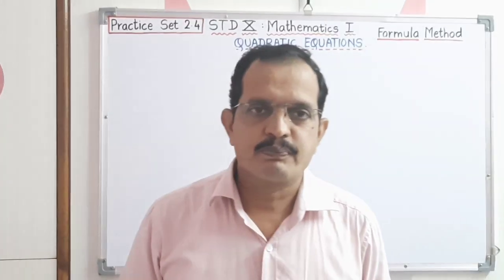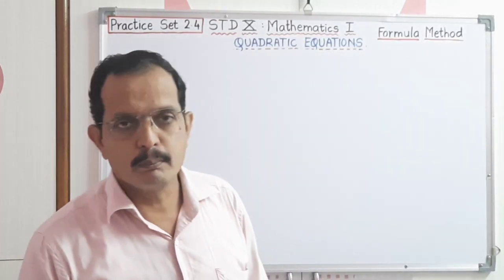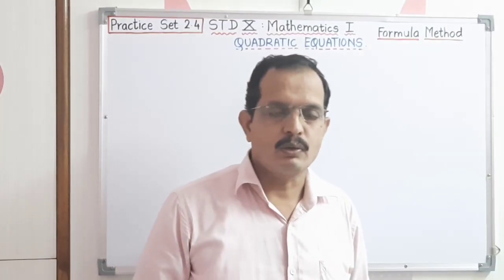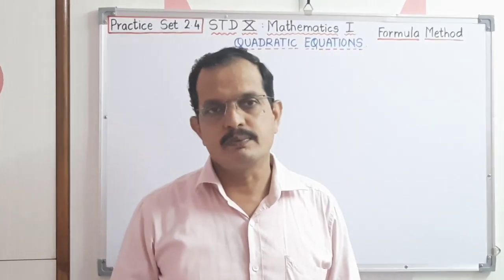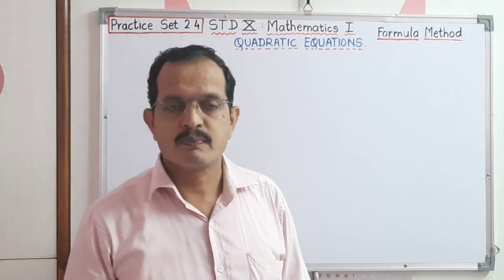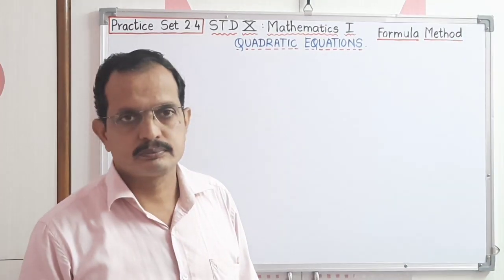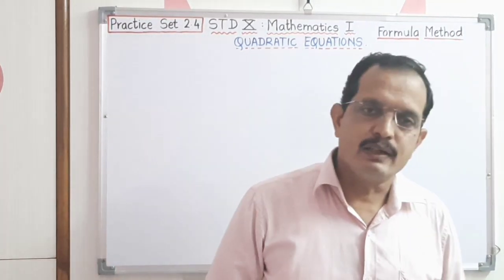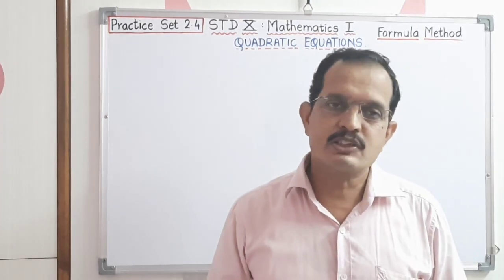Dear students, in the last lecture we completed one method of solving the quadratic equation, and that method is the factorization method. There is a second method, that is the completing square method.